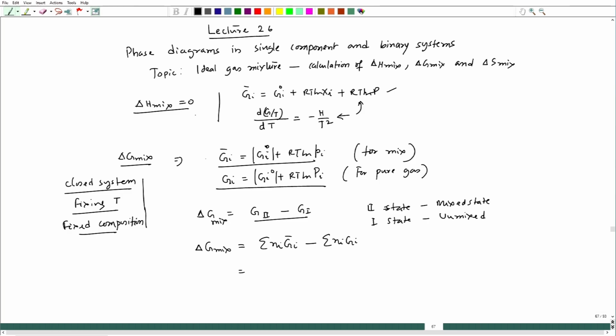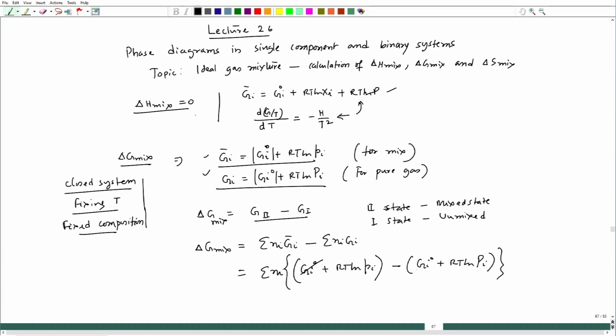Now, we can use these two formulas, then I can write Gi naught plus RT ln Pi minus the corresponding unmixed term.